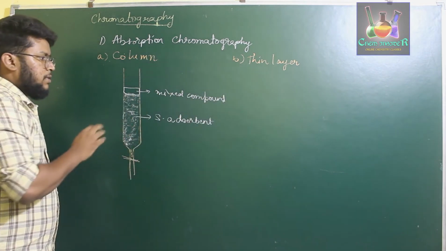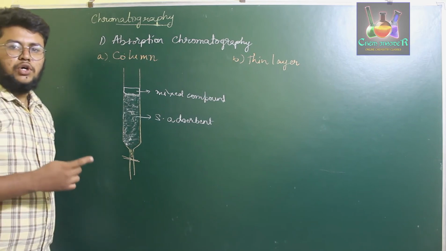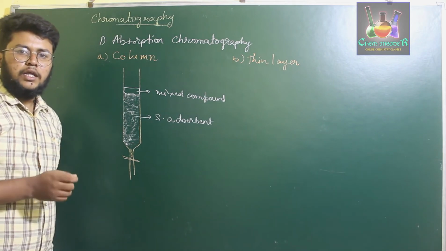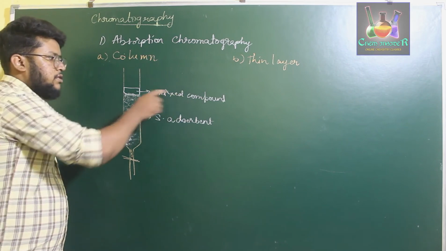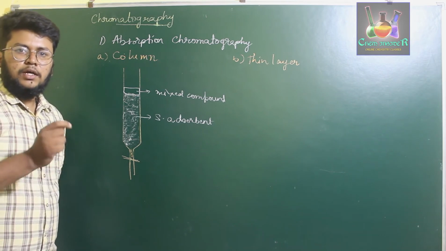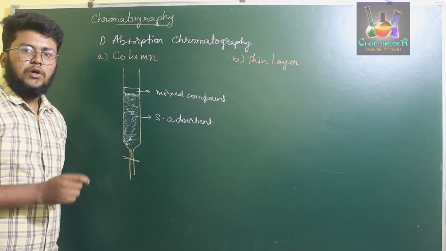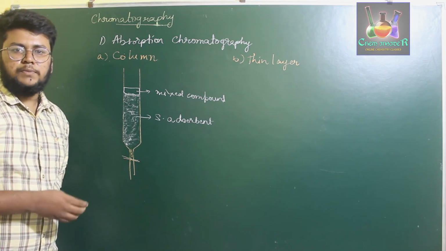Now, once this has been done, next what we'll do is, we'll take one more adsorbent which is useful to get these mixed compounds to adsorb in themselves. But the extent of adsorption of these mixed components is different for different components present in it.